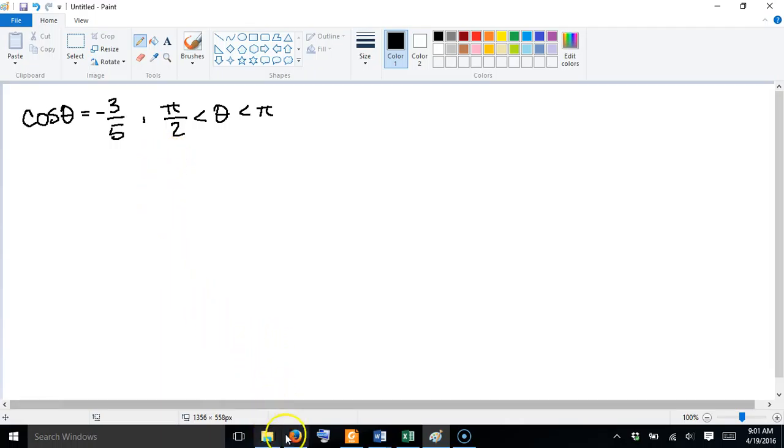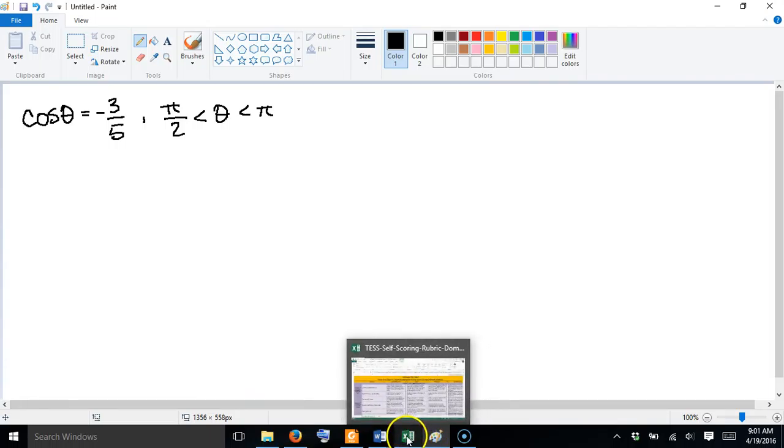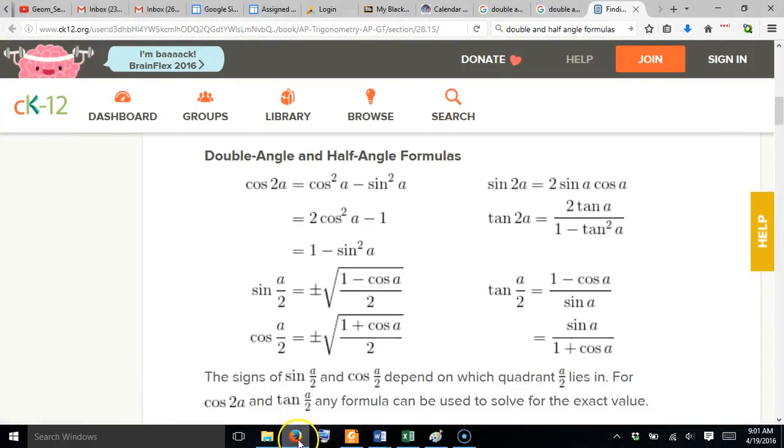What you're going to have to do is use your double and half angle identities, which I think I've pulled up here. Notice on the double angle identities, many times you're going to need to find sine of A, cosine of A, and tangent of A to find any of your double angle identities values.